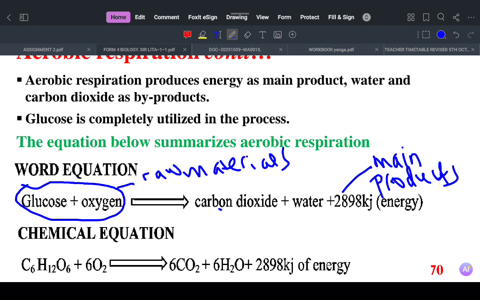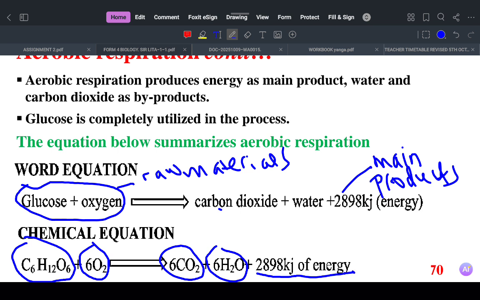Glucose is C6H12O6, and oxygen is O2, while carbon dioxide is CO2, and water is H2O. All right. There's no chemical formula for energy, so make sure you know this number off by heart so that you can include it in your equation.